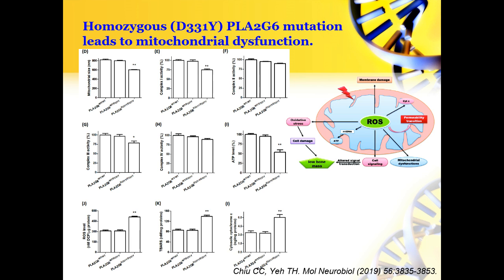Combined with previous ultrastructure findings and this finding, it indicates that homozygous D331Y Parkin mutation leads to abnormality in the ultrastructure of mitochondria and mitochondrial dysfunction.